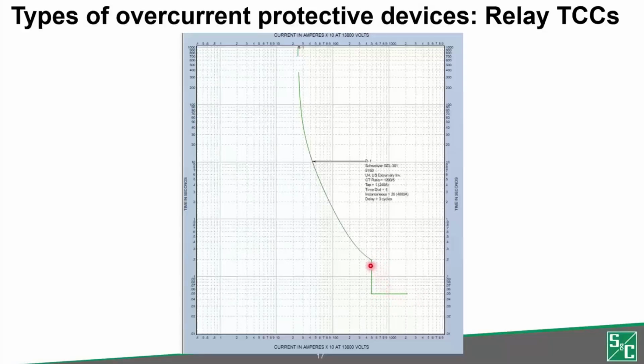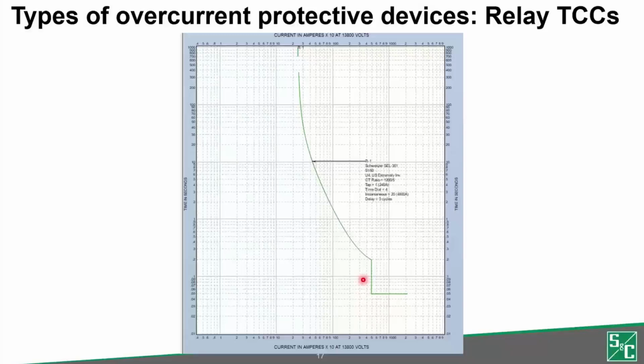The time overcurrent element is inverse time dependent, and the definite time element is a fixed time response part of the TCC. While the definite time element shown here has some delay, it can be set instantaneously to allow faster operation in the event of a fault above the pickup setting of the definite time element.